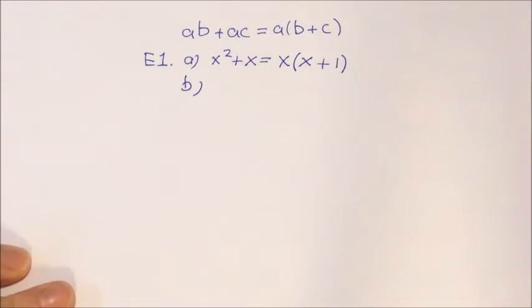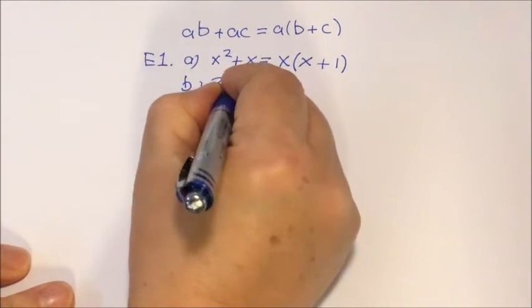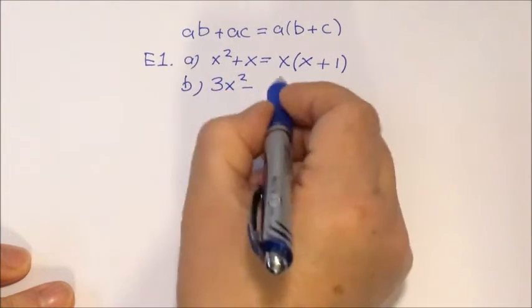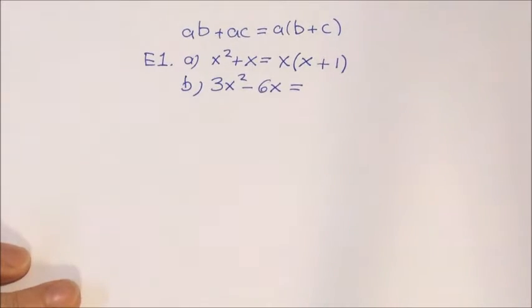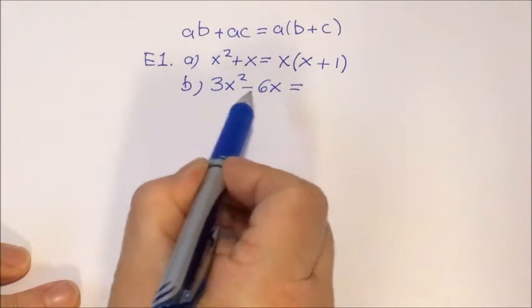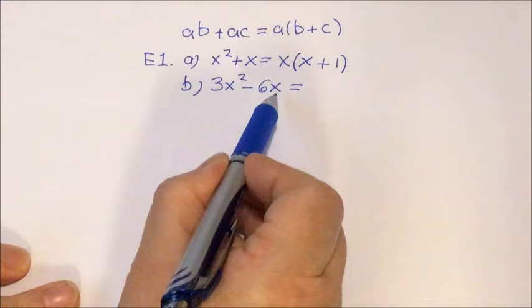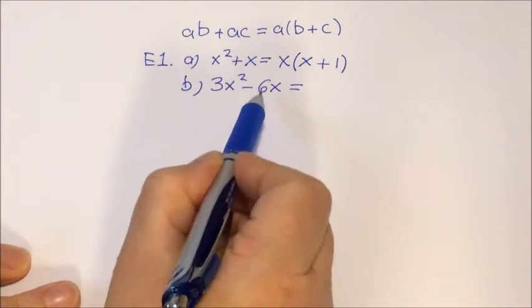The second part B was 3x squared minus 6x. What is common in these two is at least one x, but also number 3.